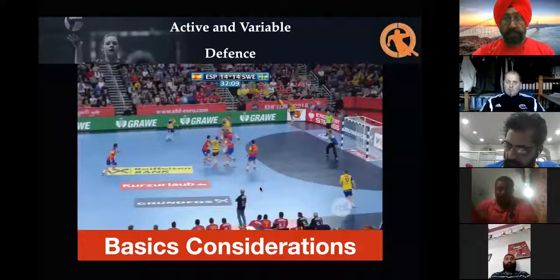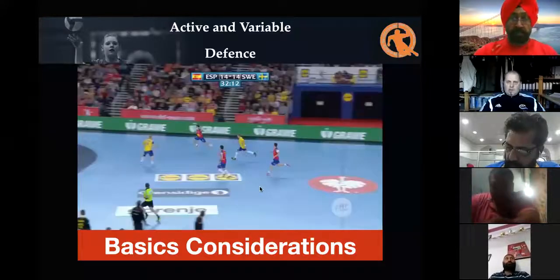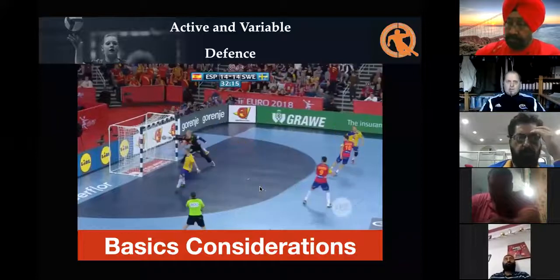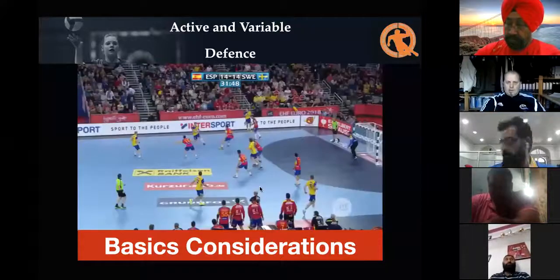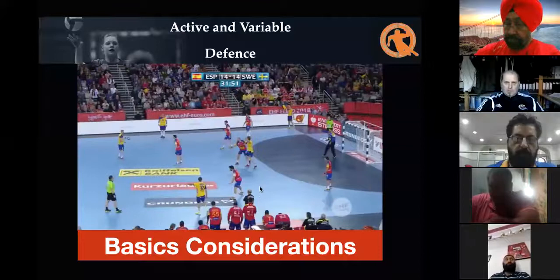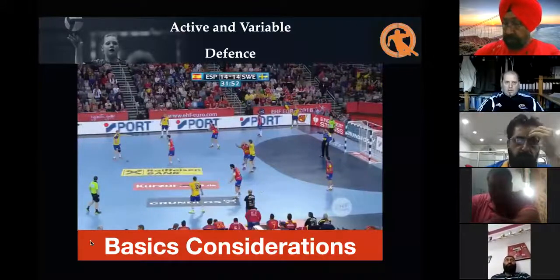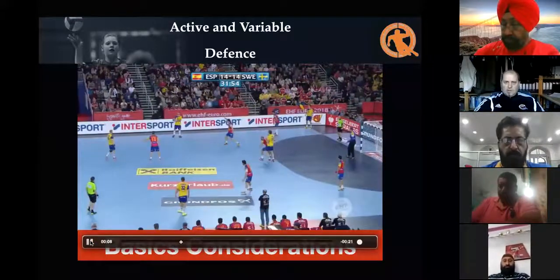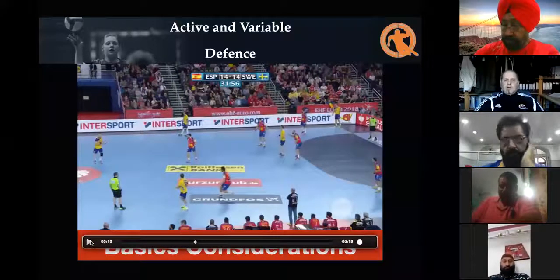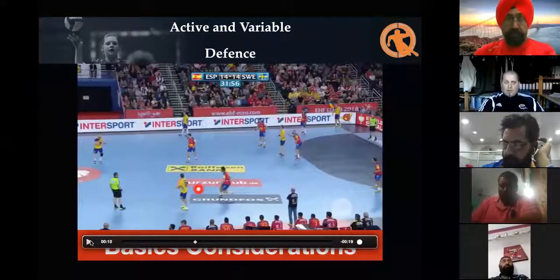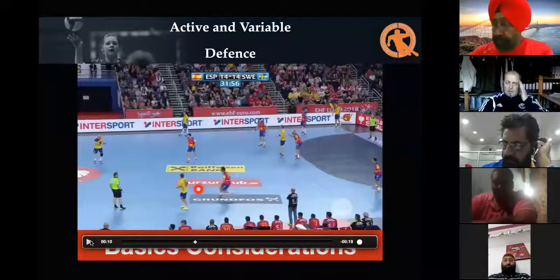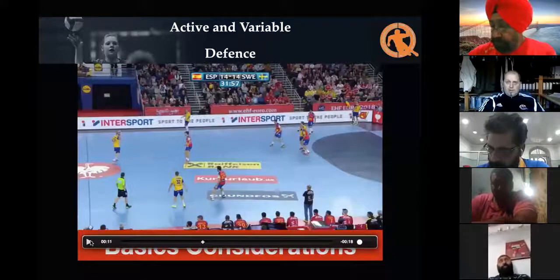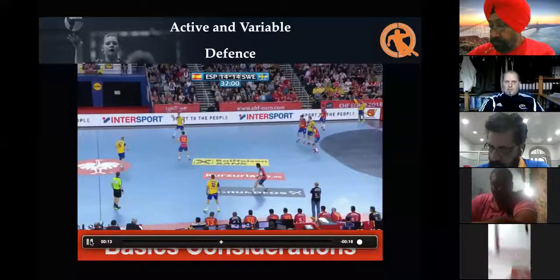So this defense is much more active, pressurizes the attackers, as you can see here, in the position on the right back. Now player in defense, stepping out, enforcing the player in the backcourt position to move towards the center line. So sinking back again, stepping out again, so feinting a little bit in that way.